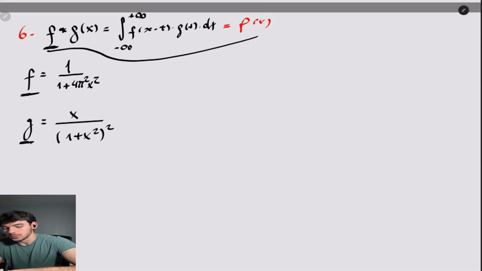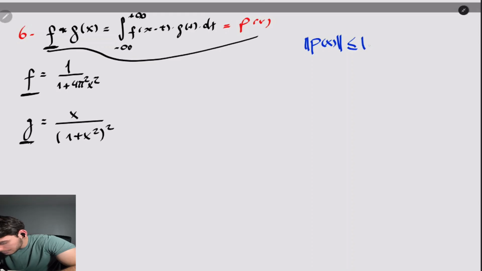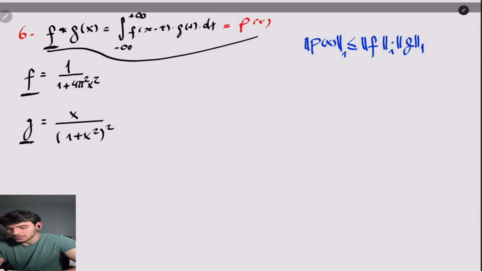So the norm of p is less than or equal to the norm of f times the norm of g. In order to prove that our p is inside L1, we need to calculate the norm of f and the norm of g, and see if f is in L1 and g is in L1.